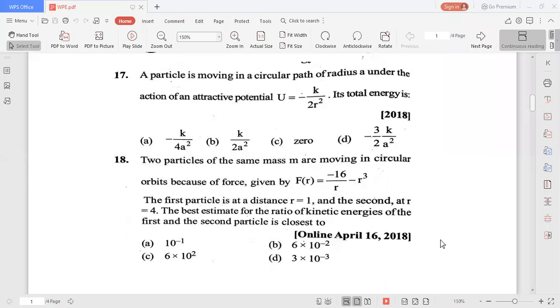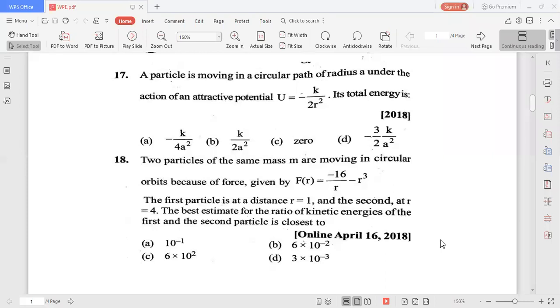Two particles of the same mass m are moving in a circular orbit because of the force given by Fr, that means F is a function of r, given by minus 16 by r minus r cube. The first particle is at a distance of r equal to 1.